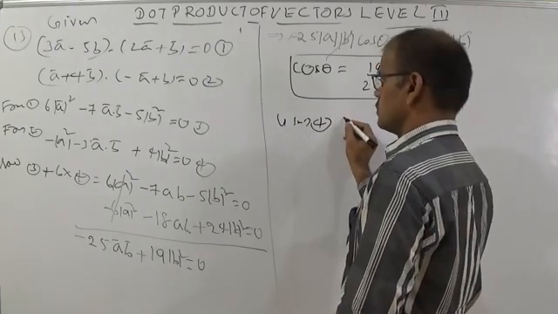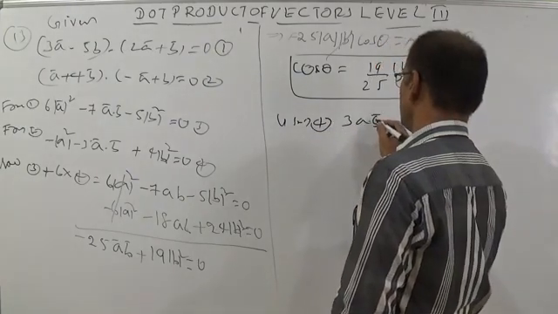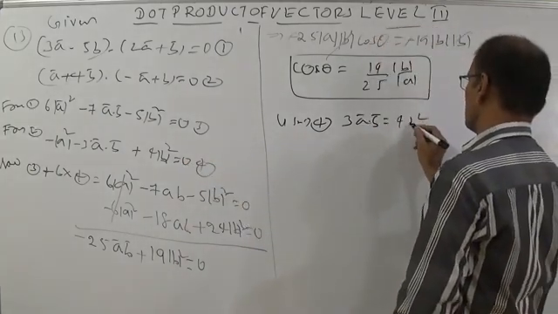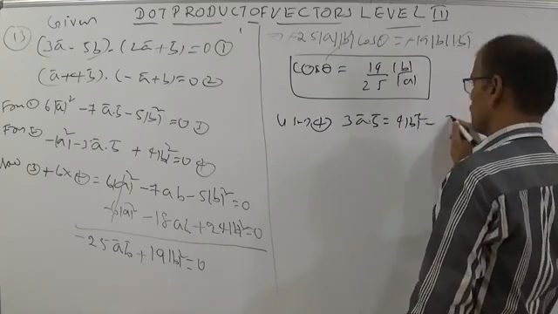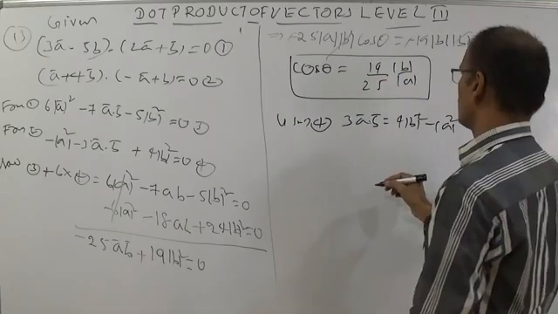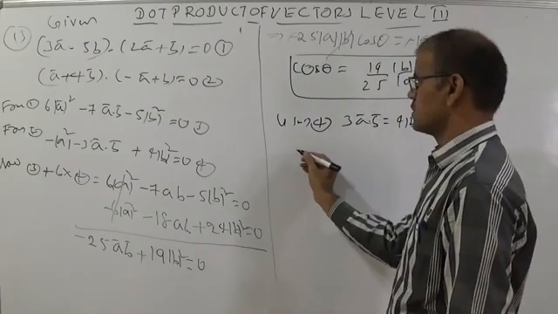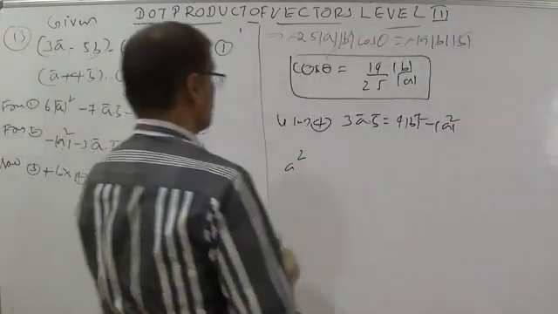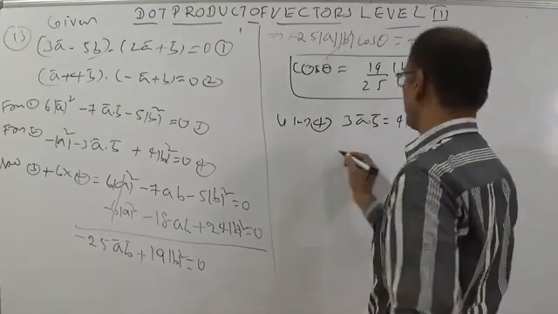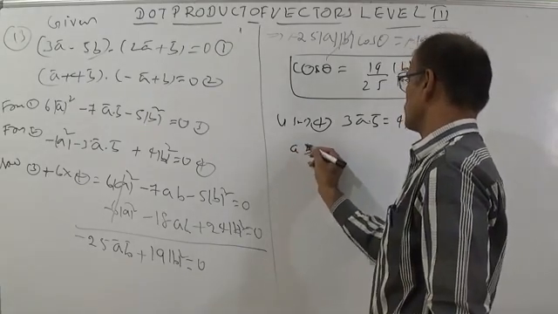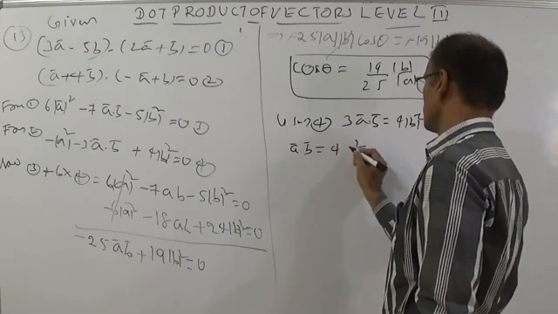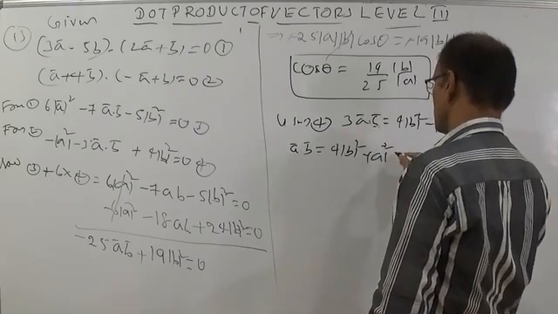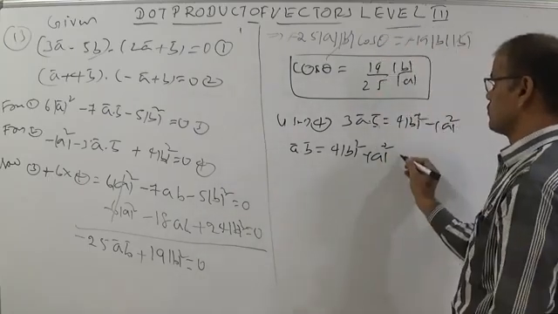Using the fourth, I can write 3a·b is equal to, taking the terms to this side, 4|b|² − |a|². So a·b is equal to (4|b|² − |a|²)/3. This is the fifth equation.